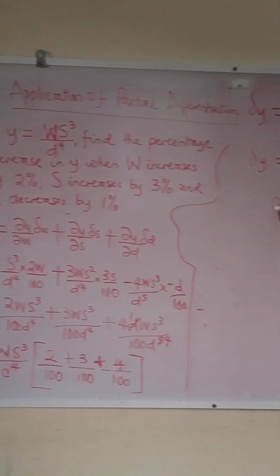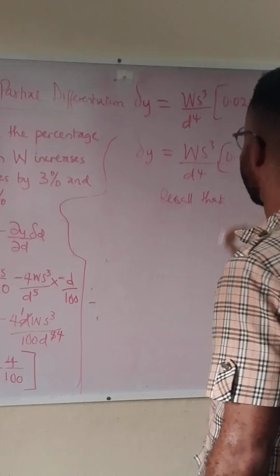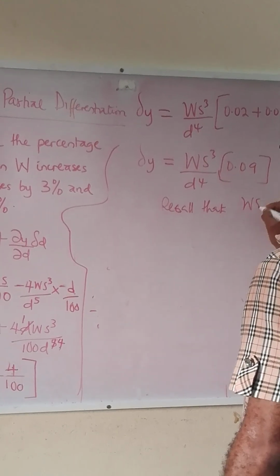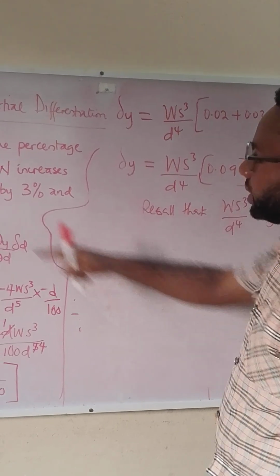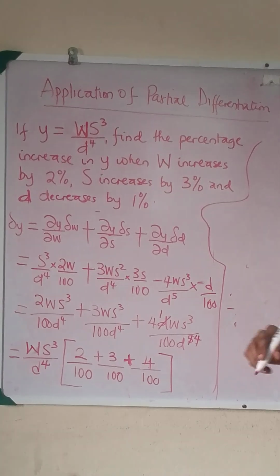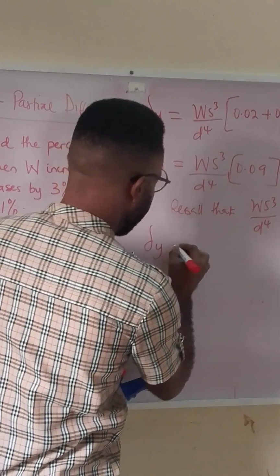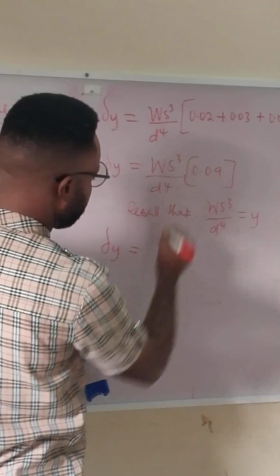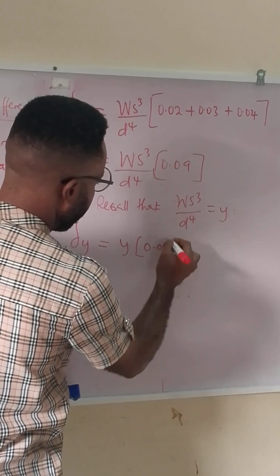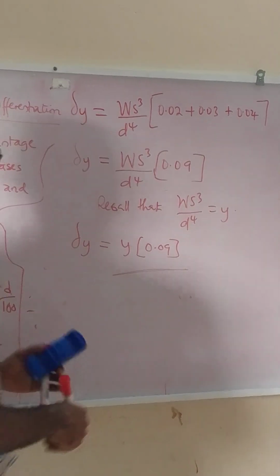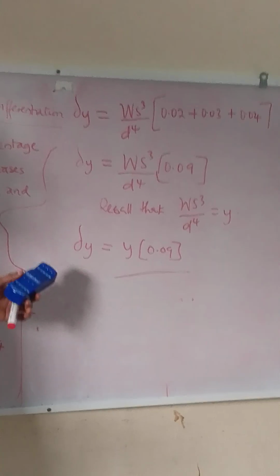Recall that WS cubed over D raised to power 4 is equal to y. So we bring in y here: change in y is equal to y into 0.09. That is what we have as our answer. Now, what does this imply?